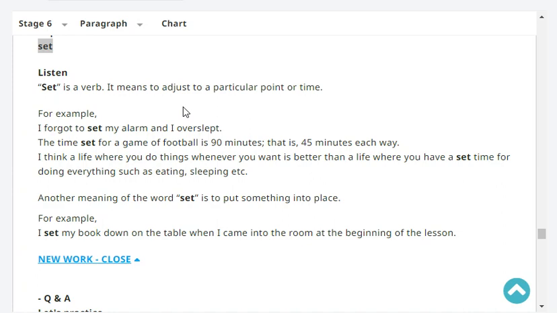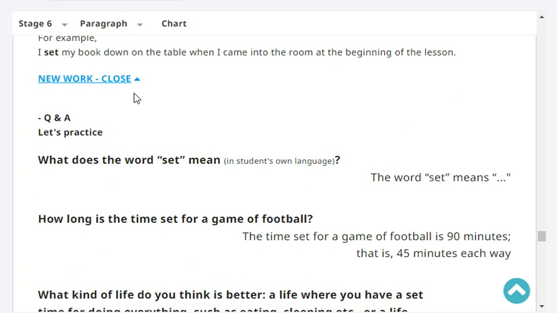I think a life where you do things whenever you want is better than a life where you have a set time for doing everything, such as eating, sleeping, etc. Another meaning of the word set is to put something into place. For example, I set my books down on the table when I came into the room at the beginning of the lesson.